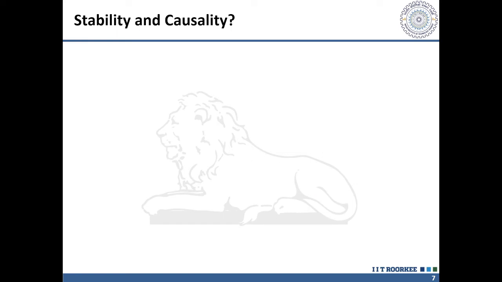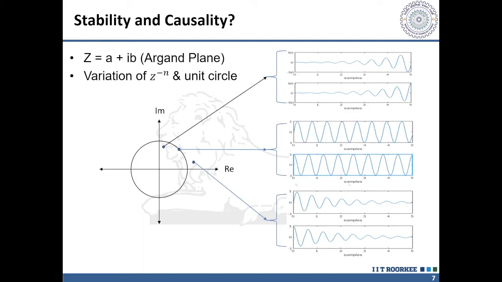Now as we have z which is complex, it can also be written as a plus j omega. So we can have an Argand plane for z, and if we choose a point outside the circle whose radius is 1, we'll get a converging plot, and if we select a point on the circle we get a perfect sinusoidal, and if z is selected from inside the unit circle, then we'll get a diverging signal.